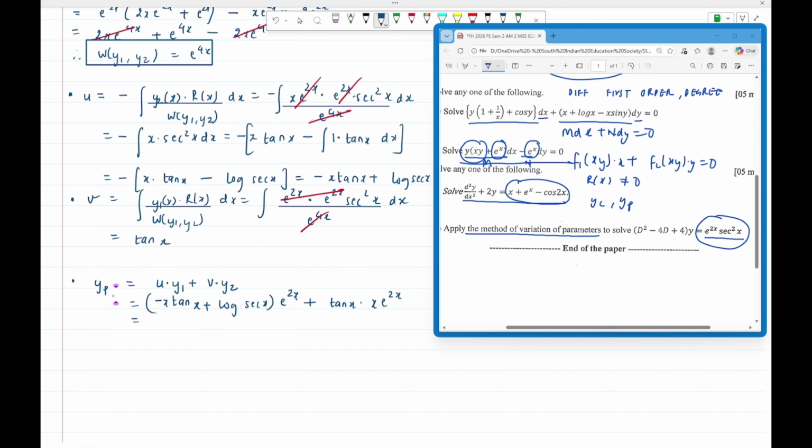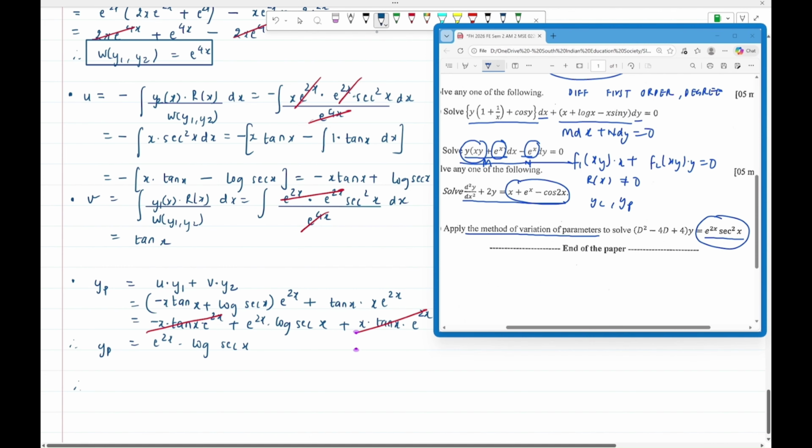If we simplify the first term, we'll be getting negative x times tan x times e raised to 2x plus e raised to 2x times log of sec x plus, over here, x times tan of x times e raised to 2x. So the first term and the third term we can cancel. So we get that the particular integral is equal to e raised to 2x times log of sec of x.